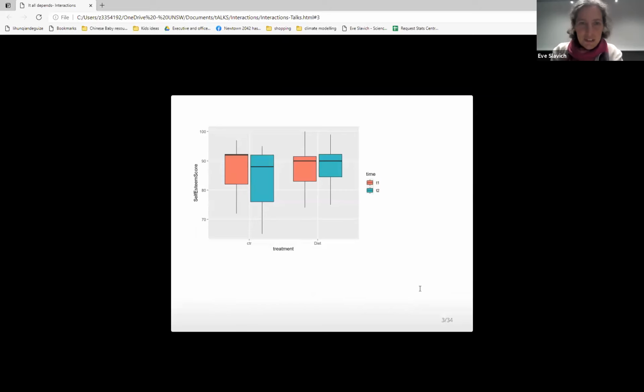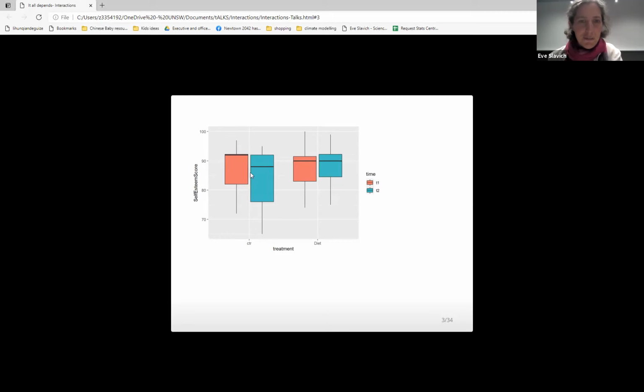This is what this study data set looked like. This doesn't tell the full story because there is pairing, but I'm glossing over that to tell this interaction story.